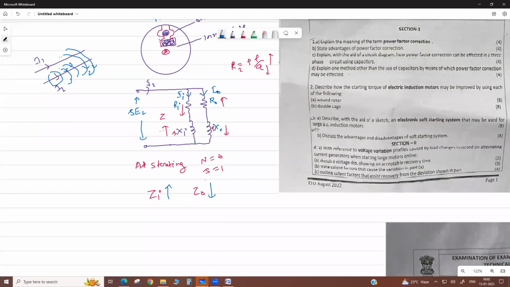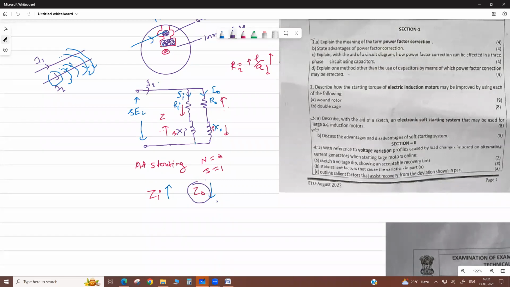This is high resistance, but the maximum starting current is passed from the outer cage. At starting, maximum current is passed from the outer cage because this impedance at starting is low.